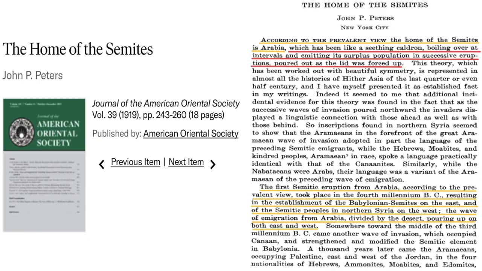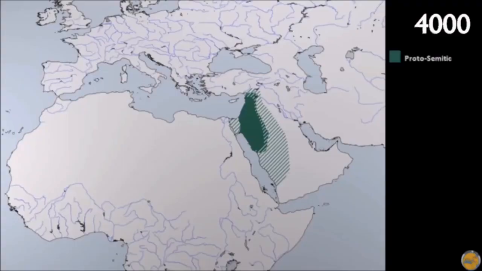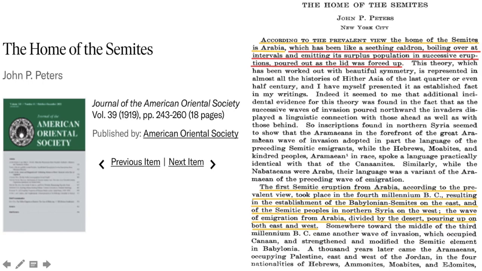So again, Semites coming out of Arabia, out of the Levantine Arabia region, going into the Fertile Crescent to become the ancient Babylonians, or the Akkadians in this case, as well as various Syrian populations. And as we can see, technically, according to this map, Proto-Semites would have also been in early Syria as well.